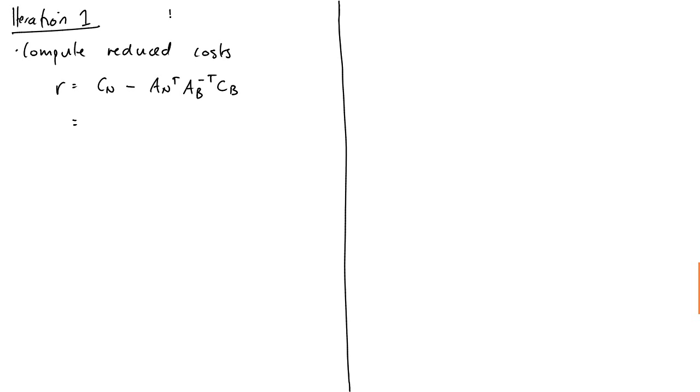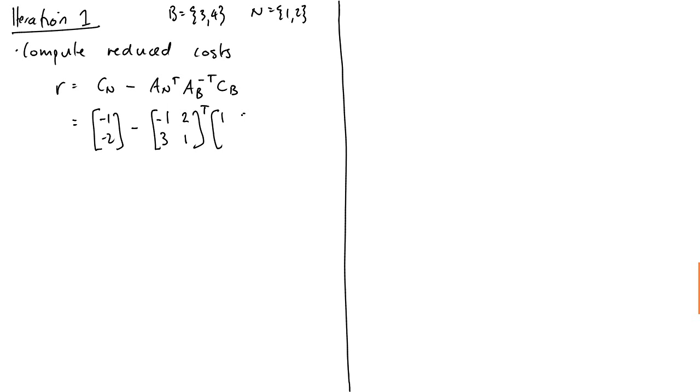So plugging in the various pieces: B equals 3, 4, N equals 1, 2. c_N is just the first two entries of c, so it's -1, -2, minus A_N, which is the first two columns of A, transpose.